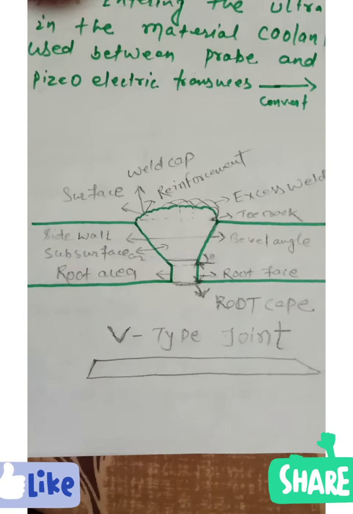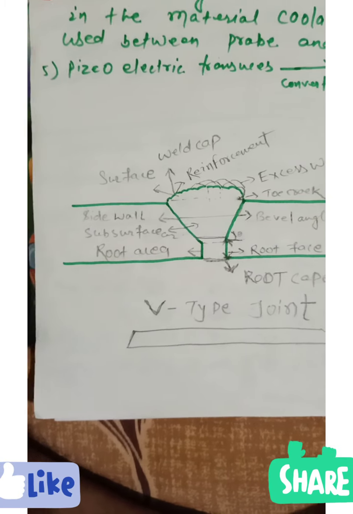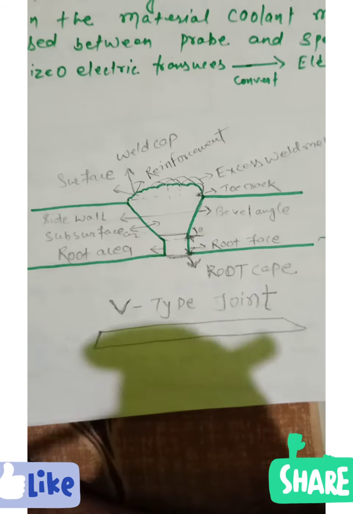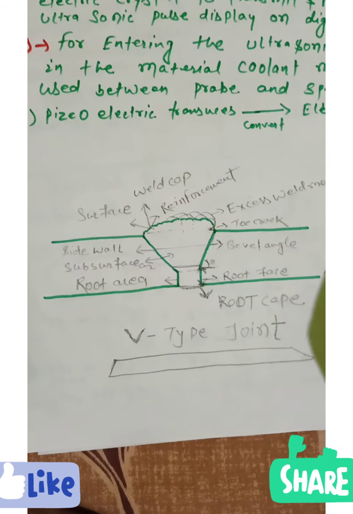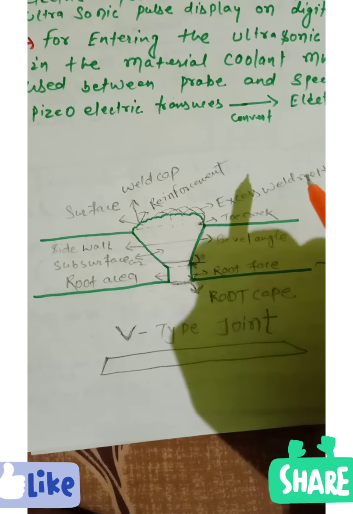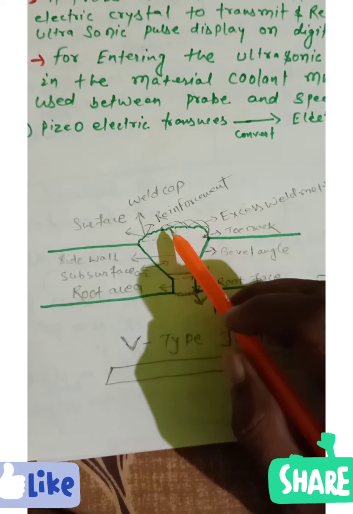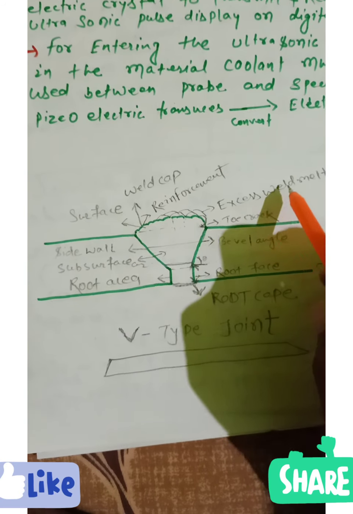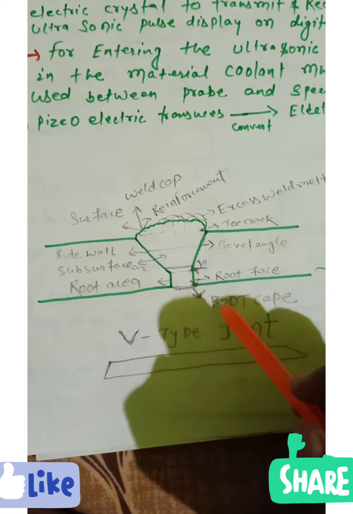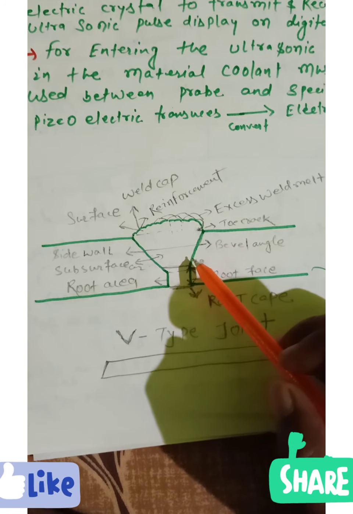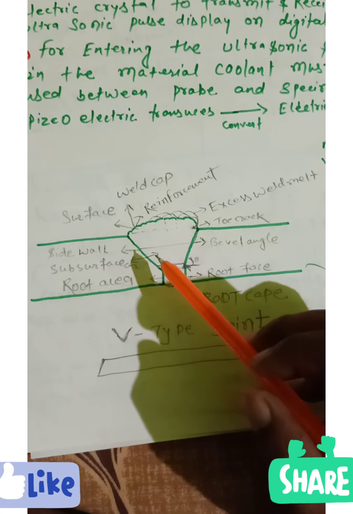This is a V joint weld. You can see this point is the excess weld metal. This is called the side wall. You can see here I have written side wall.